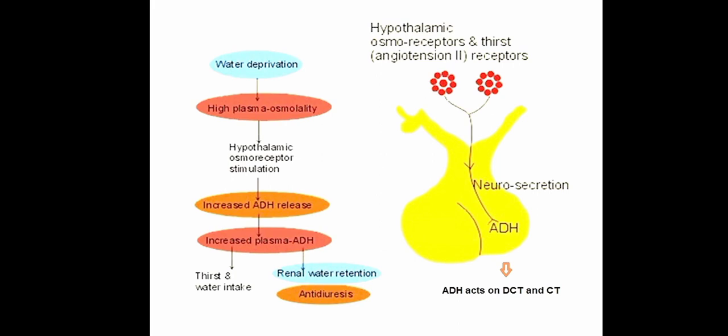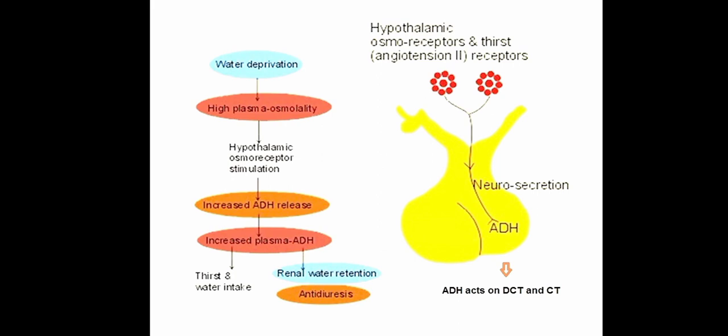Now these osmoreceptors, when they are excited, in turn stimulate another nucleus known as the supraoptic nucleus, which causes the posterior pituitary to release ADH. So the pathway is that osmoreceptors stimulate the supraoptic nucleus. This nucleus stimulates the posterior pituitary, and from the posterior pituitary one hormone, antidiuretic hormone or ADH, is released.